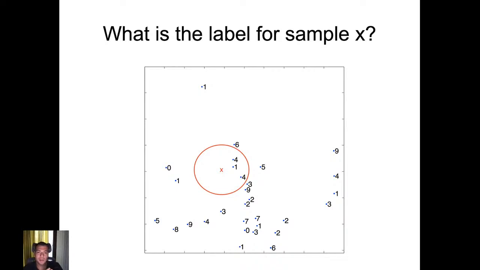Okay, so for the nearest neighbor model, imagine that you have some sample x in an input space, and you can also see the data points in, let's say, a two-dimensional space, and you want to decide the label for this sample x.